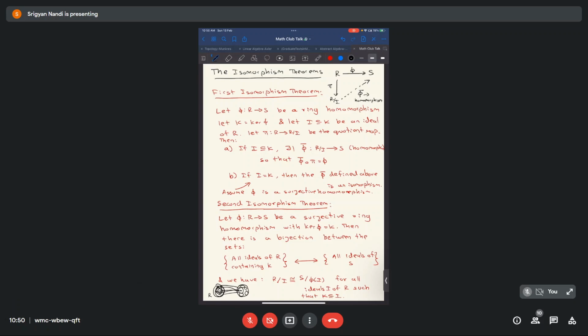And R quotiented over each of these ideals is isomorphic to S quotiented over the image of these ideals.